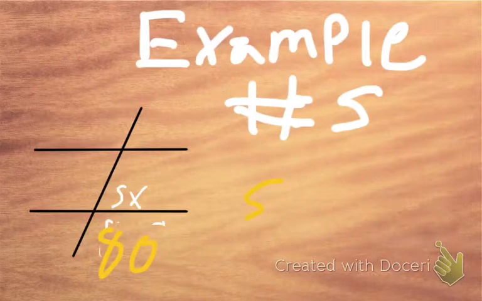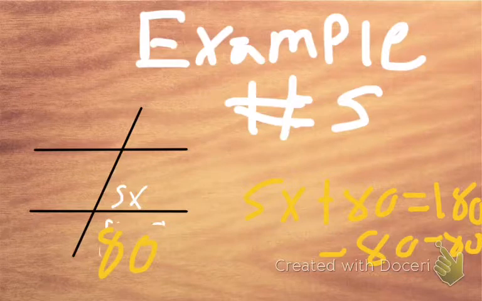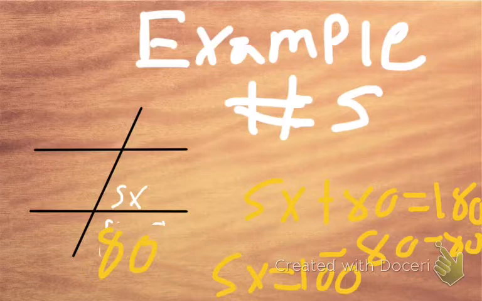So it'd be 5x, and since you know that these both added up equal 180, you do 5x plus 80 equals 180, and you subtract 80 from both sides. You get 5x equals 100, and you divide by 5 on both sides, and you get 20. You know you got this right, because if you plug 20 into x, 5 times 20 is 100, and 100 plus 80 equals 180, and a linear pair equals 180 degrees.